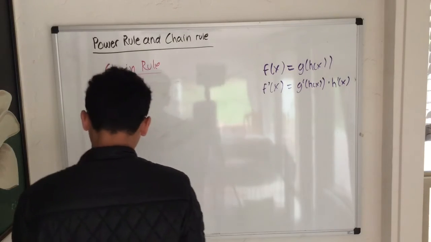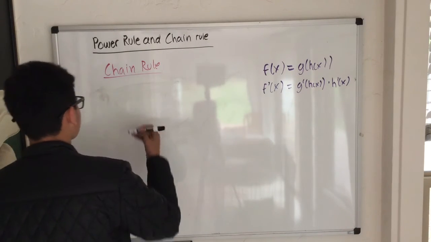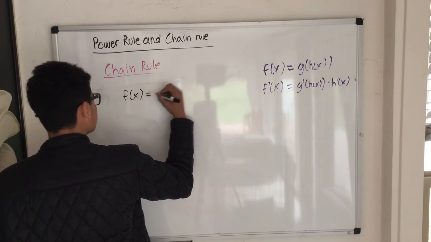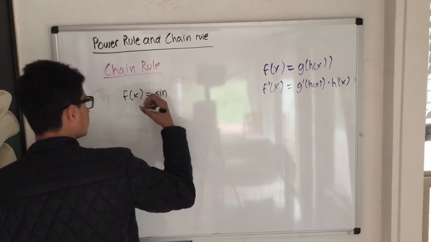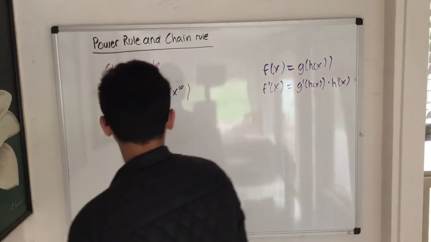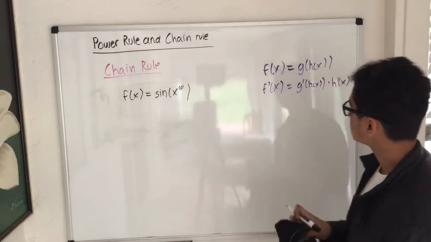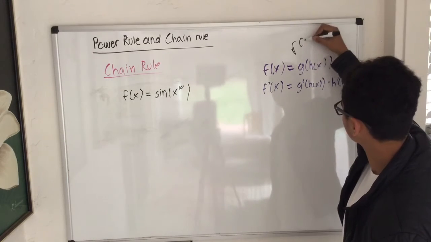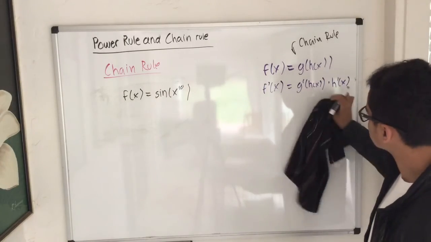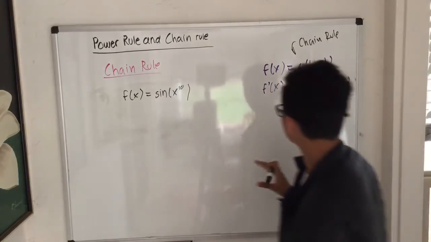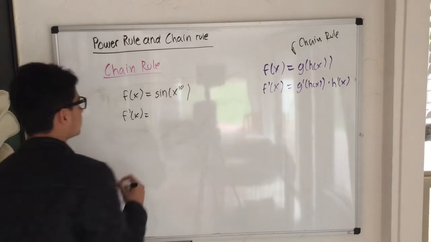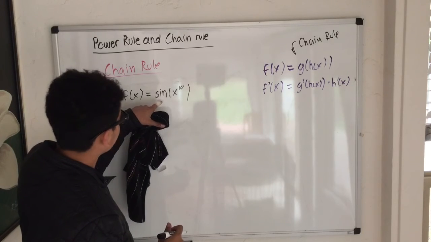Let's say we are given f of x is equal to sine of x to the power of 10. According to the chain rule, we are going to have f prime of x is equal to, and we need to find the derivative of, let's call this g of x.